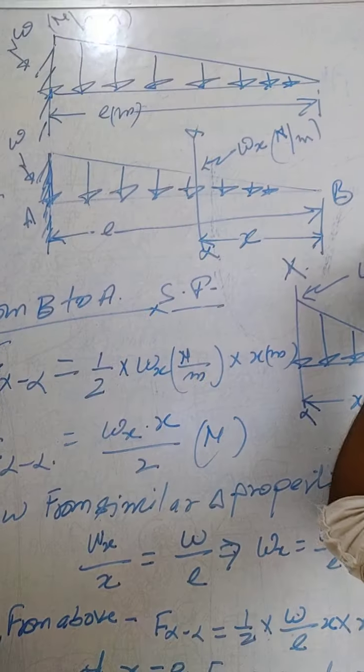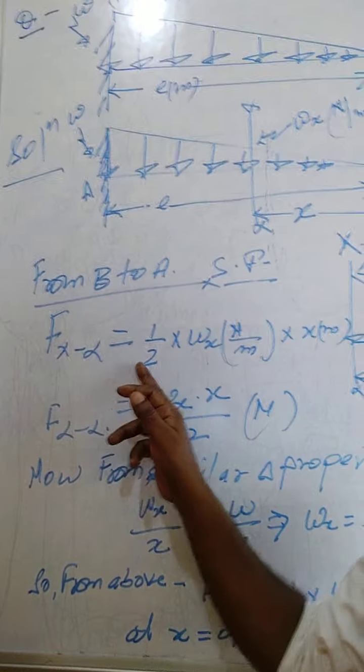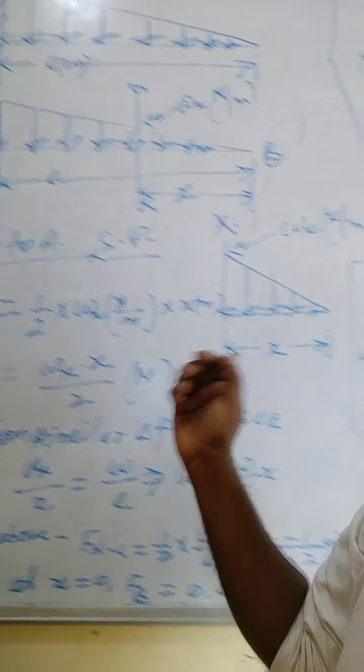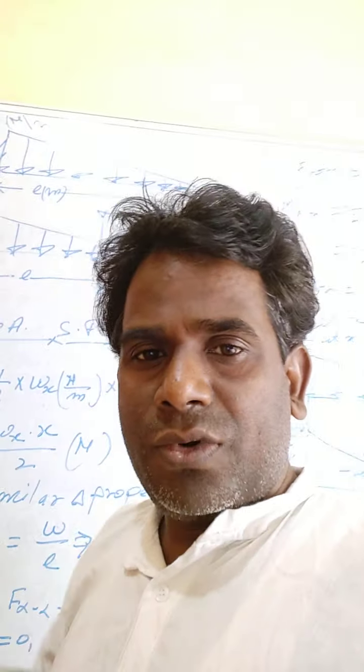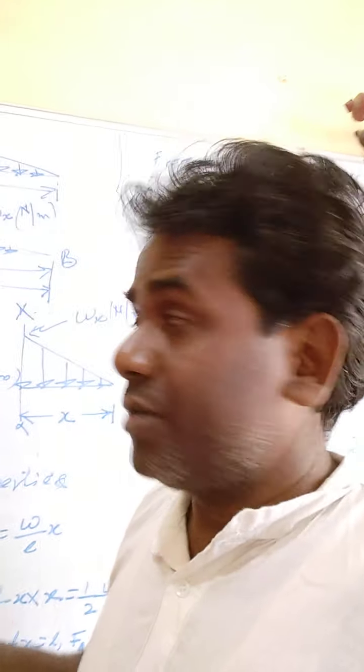Fxx is the shear force equation. Shear force is the algebraic sum of all vertical forces, upward or downward, on either the right side or the left side of the beam.